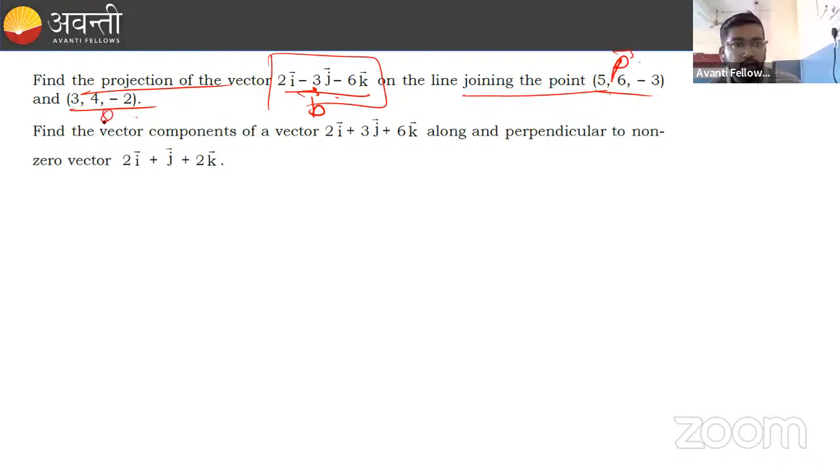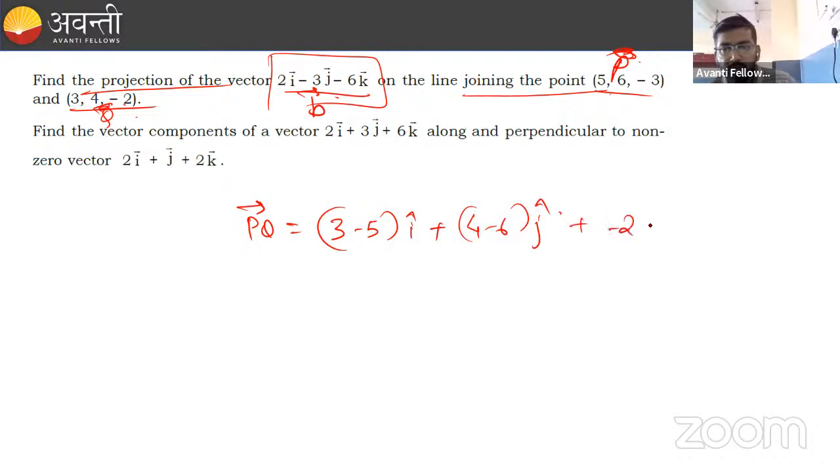Let's call this point P and this point Q. So our PQ bar will be 3 minus 5 i cap plus 4 minus 6 j cap plus minus 2 minus minus 3 k cap. So this will be minus 2 i cap minus 2 j cap plus k cap.